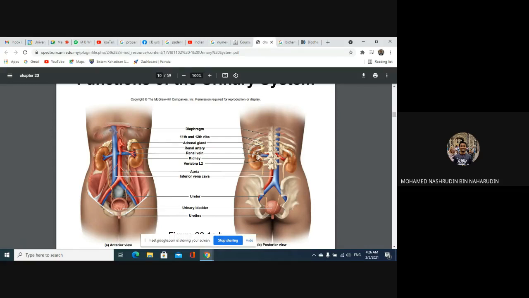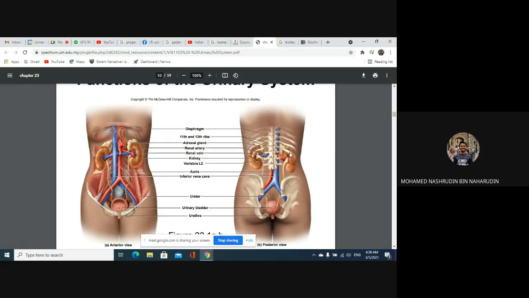This is a posterior view. The one on the left is located behind the 11th and 12th ribs, whilst the one on the right is located just in front of the 12th rib.